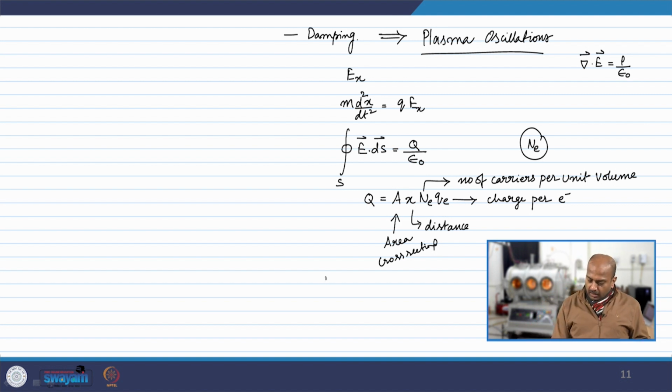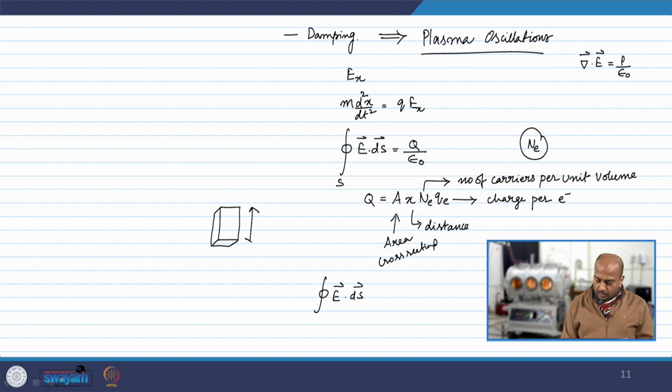So, we can write the closed integral E dot ds. What is ds? ds is the surface element. We take this volume. Now this is A, and this will be ds. The integral E dot ds is E ds cos theta.